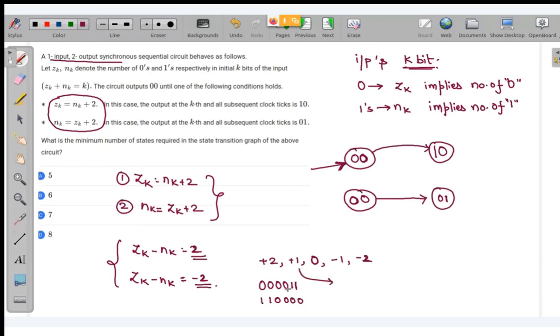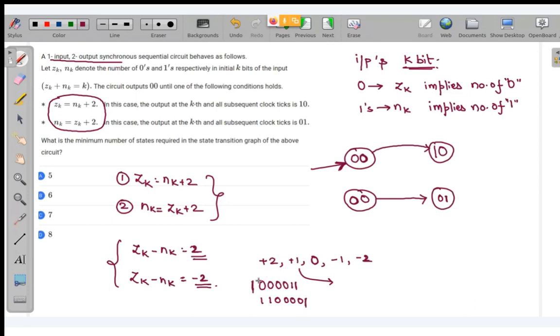Plus 1 you get when you put a 1 here, so this will become 0. I need to add a 1 here, so it will be 4 minus 3. And here also, if I add a 1 at this place, I will get the difference between the number of zeros and ones as plus 1.